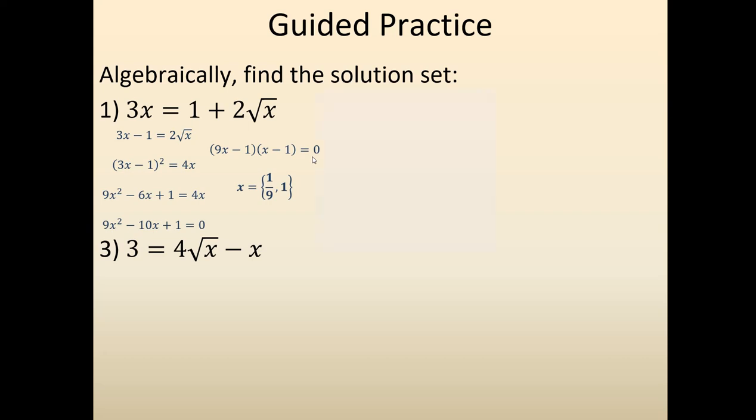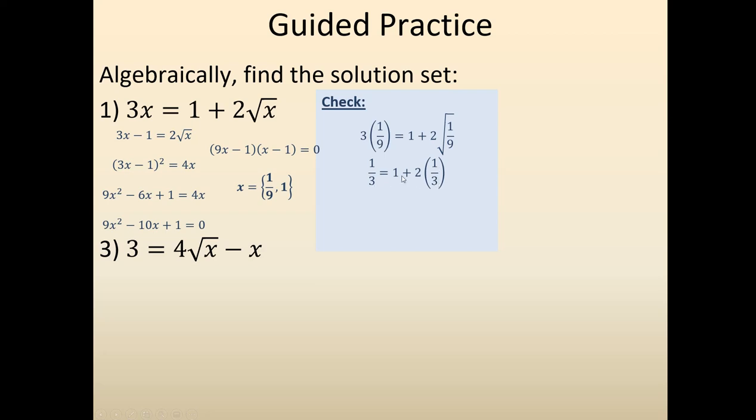So checking both of these, the first one we're going to check is 1 over 9. So we plug 1 over 9 back into the original. We get 3 times 1 over 9 equals 1 plus 2 root 1 over 9. When I do 3 times 1 over 9, this actually simplifies to 1/3. And then when I take the square root, I just take the square root of both the numerator and denominator, which gets me 1/3.